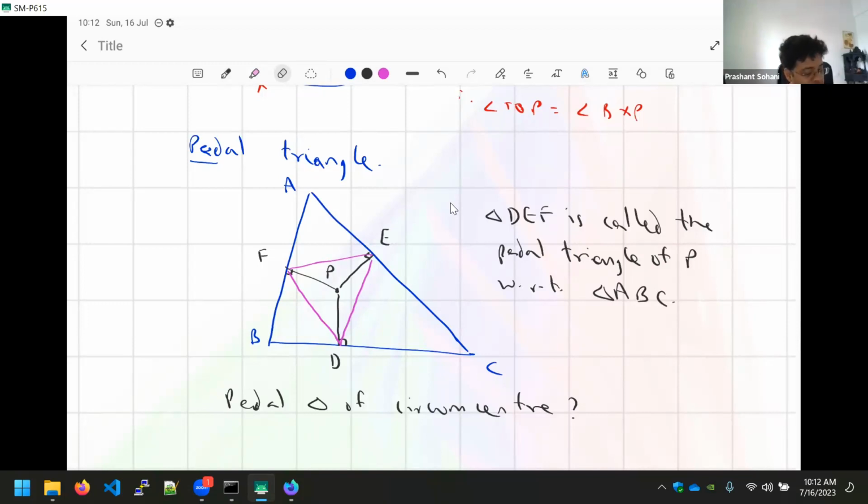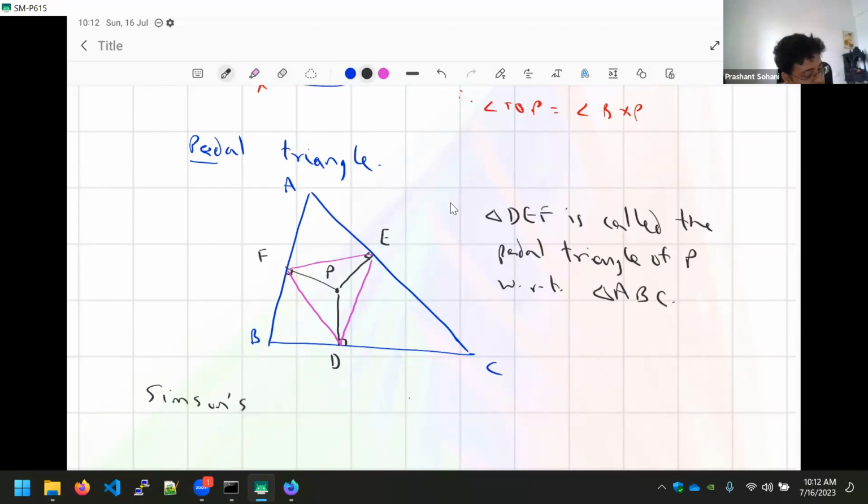Does anybody know anything special about these feet of the altitudes? When I take any point in the plane and I draw altitudes on the three sides, do you know any properties of these points DEF? Simpson line. Simpson's line.